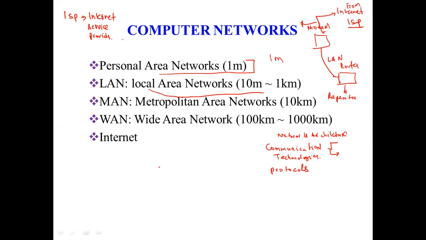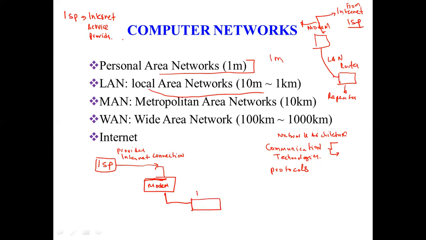So I'll write it down to understand. This is the ISP, which provides the internet connection. Then how it provides: there's a modem, via the modem, and then from the modem we need to connect with the help of a router.